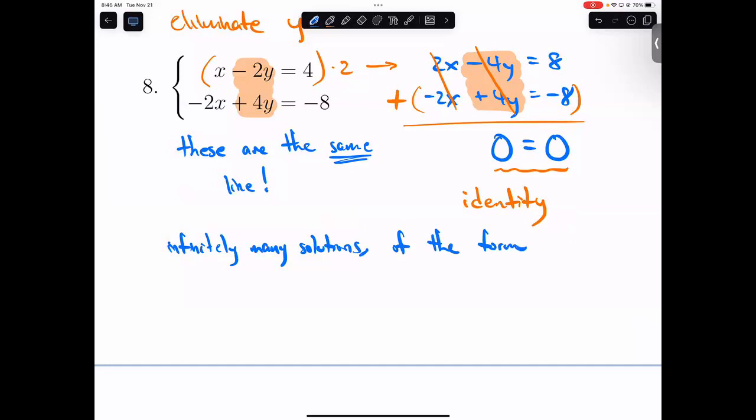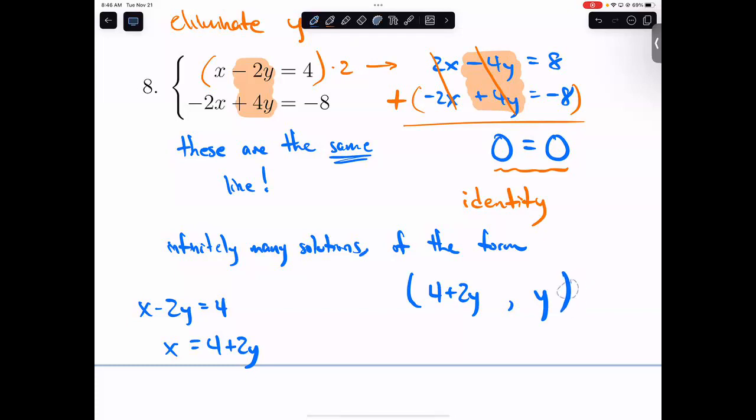And the solutions look like, well, take one of the equations. Let's take the one that was simpler. So the first one, x minus 2y equals 4. If x minus 2y equals 4, then x is 4 plus 2y, right? So all of these solutions look like this. What we're doing is sometimes called parameterizing.